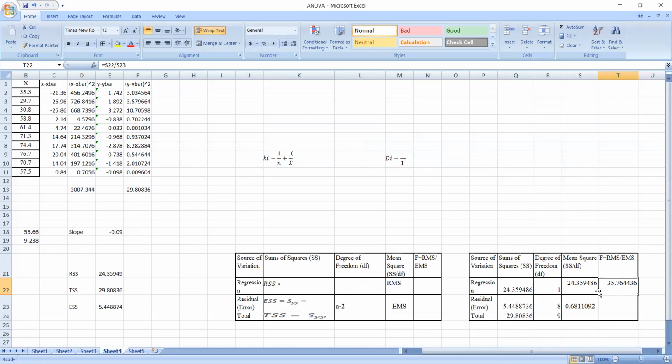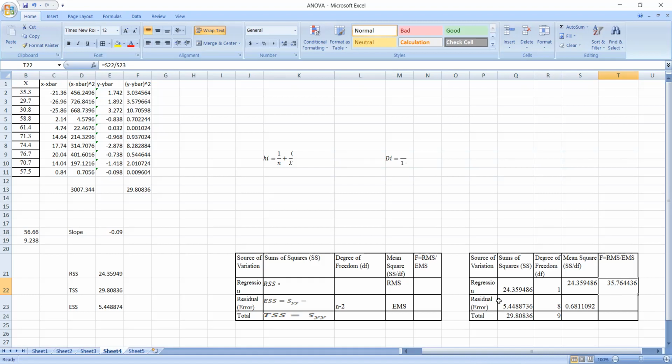In simple linear regression with the Anova table, the hypothesis that we are testing is whether beta 1 equals 0 versus beta 1 not equal to 0. If your fitted regression model is a significant one, there should exist a beta 1 value, so we have to conclude that beta 1 is not equal to 0, that is, you have to reject your null hypothesis H naught.